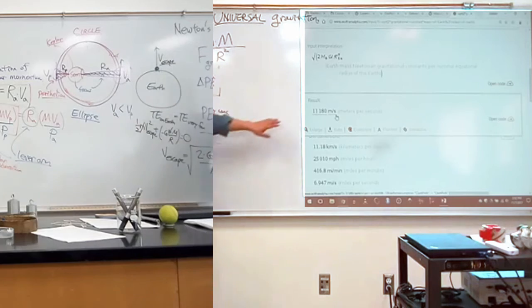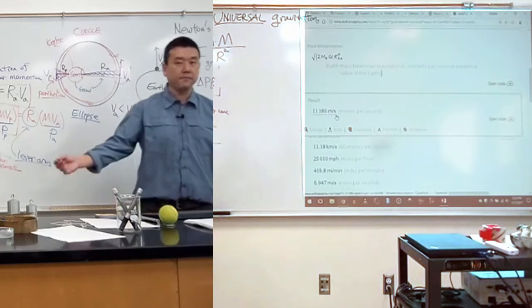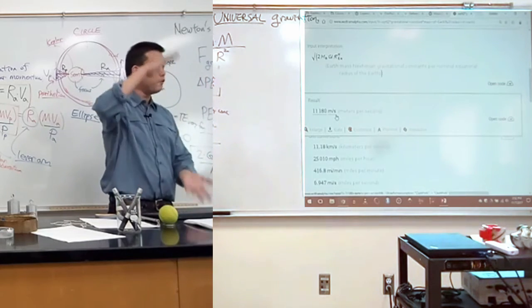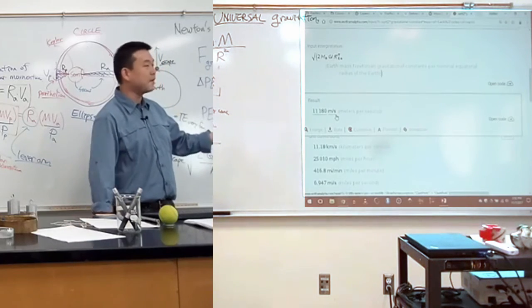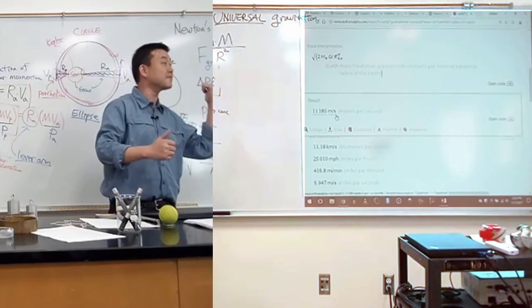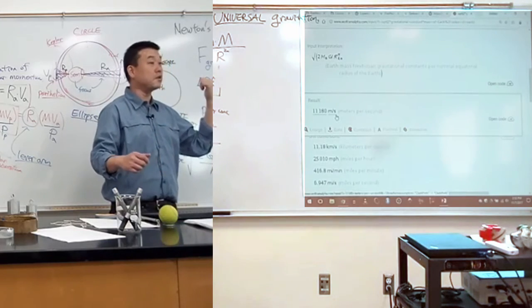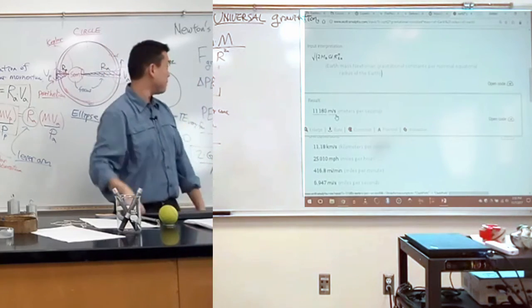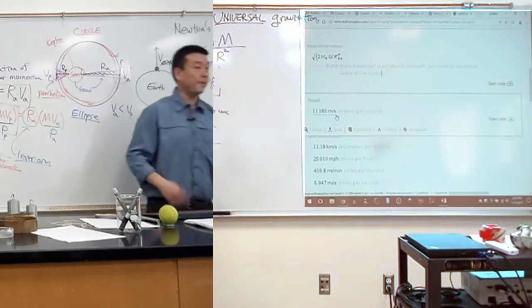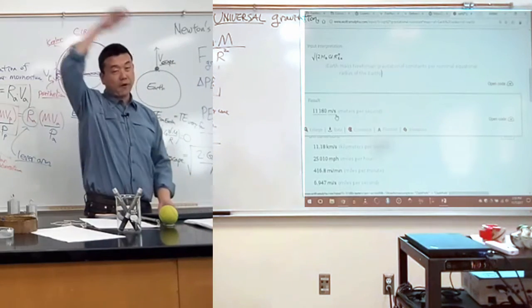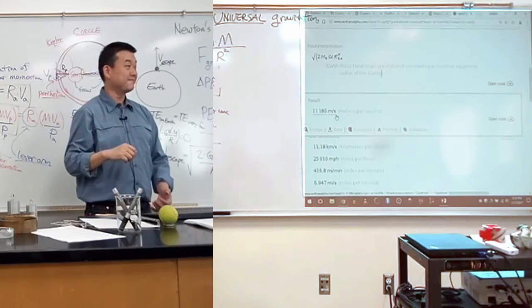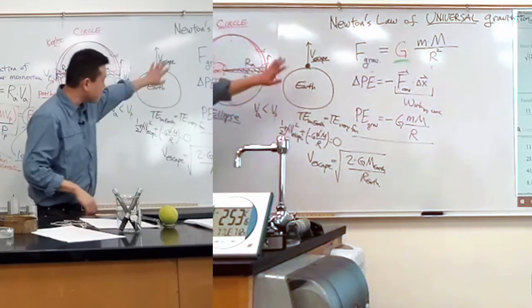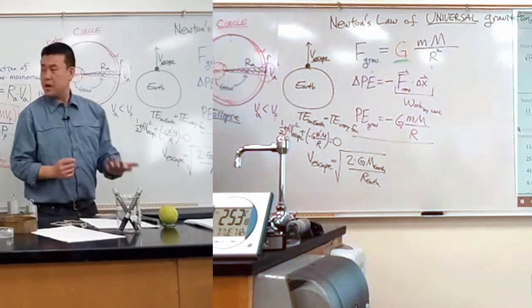If you are moving this fast on Earth, the friction with the air will be so much that you will heat up and burn up, so we would never launch things from the atmosphere that fast. But if we launch something from outside the atmosphere at this speed, it will be moving fast enough to go far away from Earth forever, except that there's the sun that you have to worry about. So that's a simple number to know.